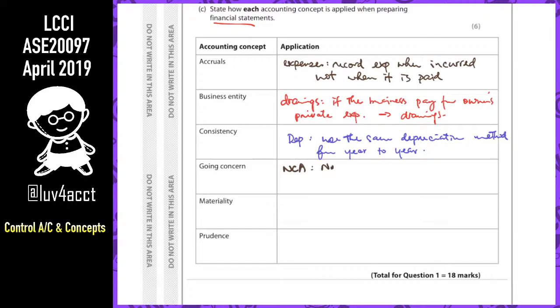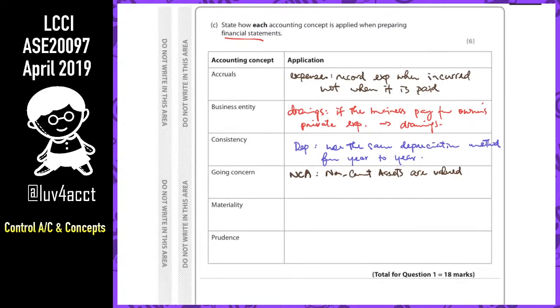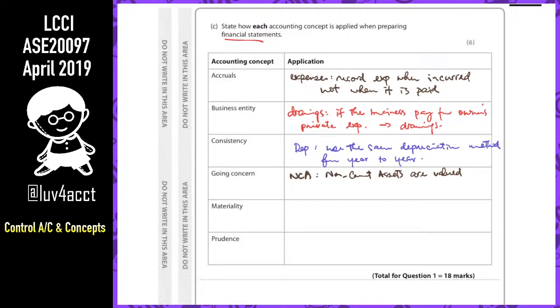Non-current assets are valued at cost minus depreciation. I should say accumulated depreciation.